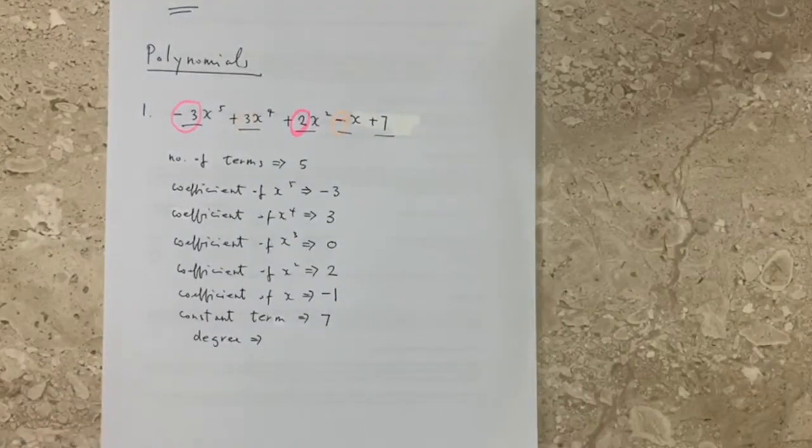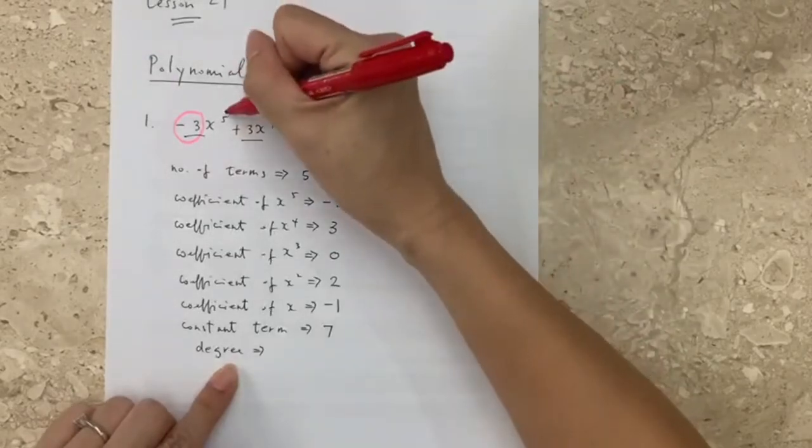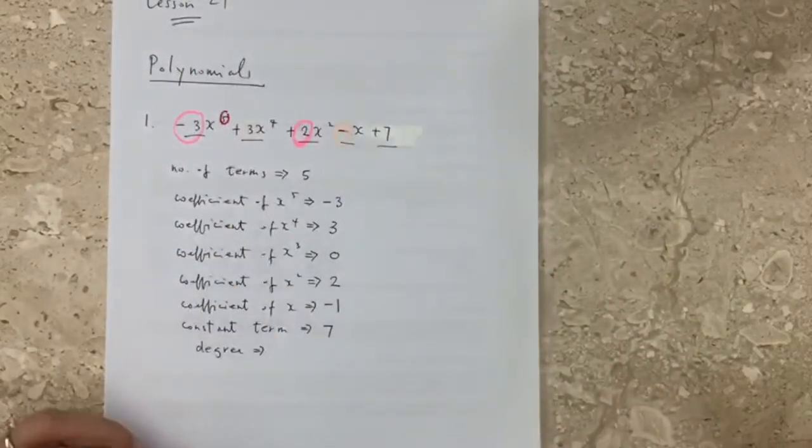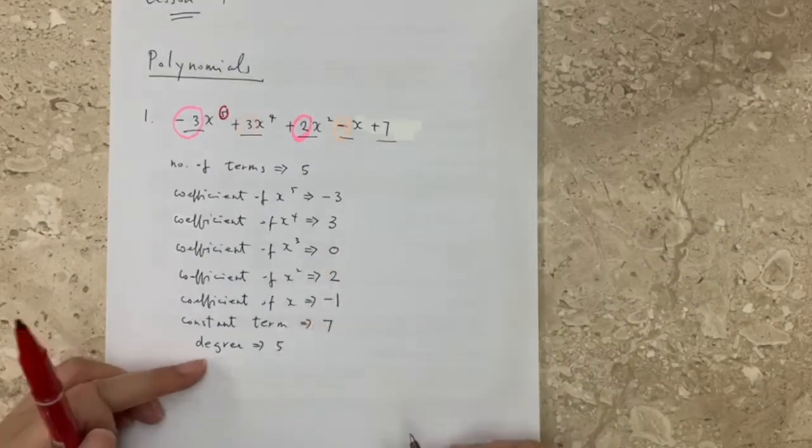And finally we look at the degree. Degree means the power of x, and we always just look at the highest one, and this one is the highest one, so this polynomial has a degree of 5.